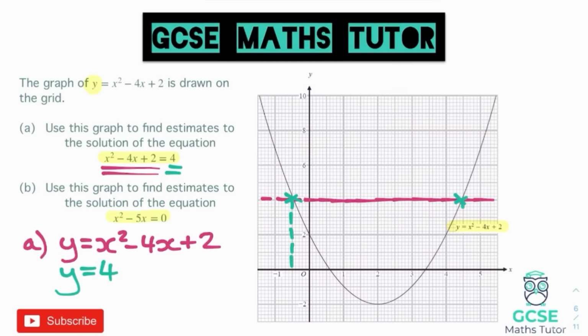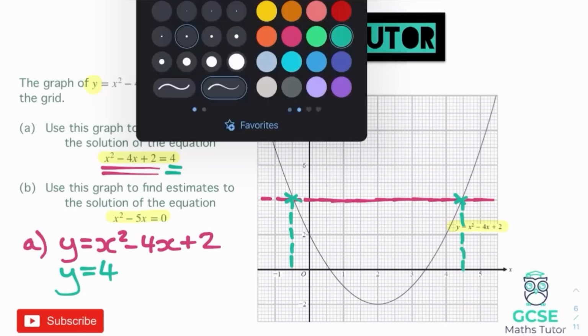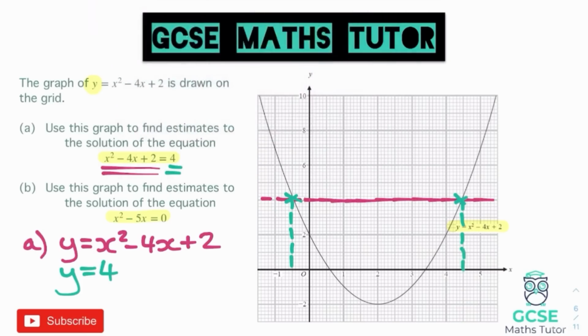So we can go down, read them as carefully as we can, and it looks like on the graph we have minus 0.5 in the middle, and 4.5 just there. So for part A we would say x equals negative 0.5, and the other one x is equal to 4.5. And there would be our solutions to that equation.